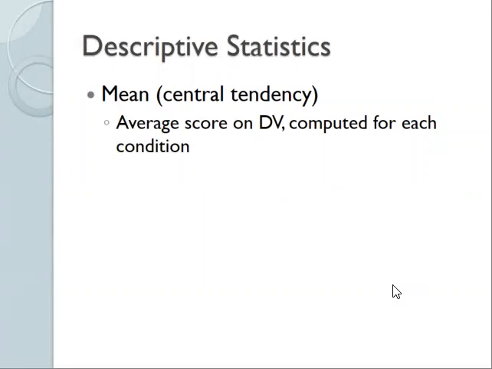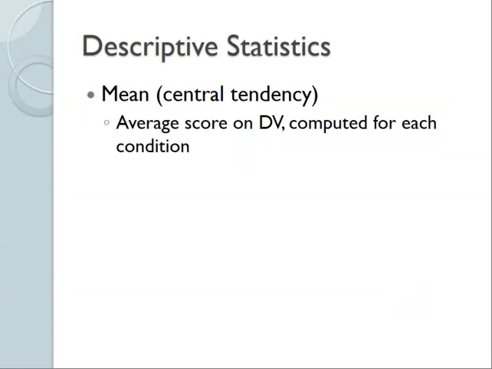So in terms of descriptive statistics, the mean, in general, we're not interested in an individual score, but how people respond on average to each condition. So there are multiple measures of central tendency, which is kind of, can you give a single score that represents the center of the distribution?